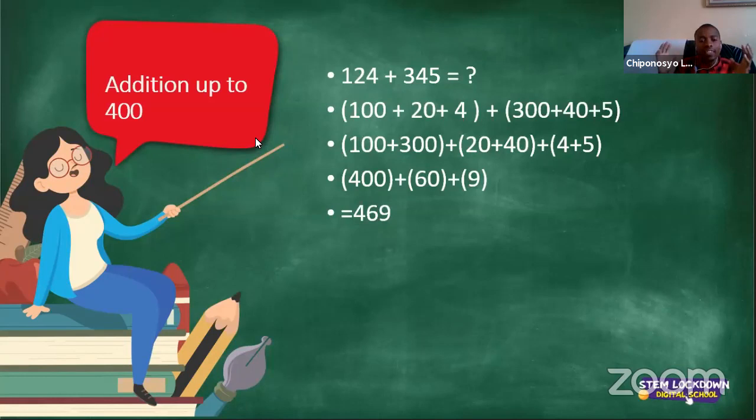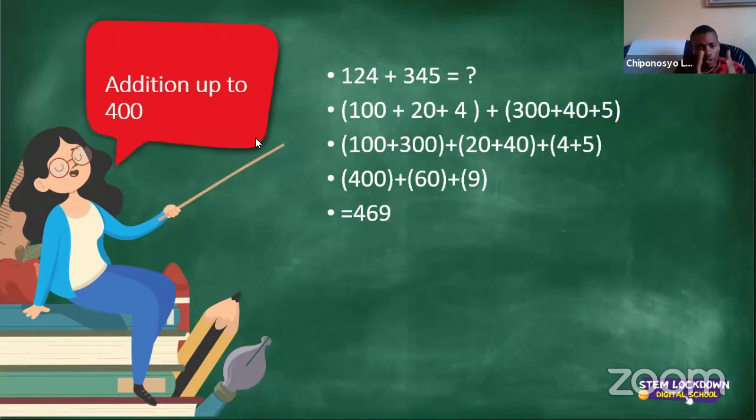Then we add the hundreds together, we add the tens together, we add the units together. So we say it's 100 plus 300. Those are only hundreds. Then we go to the tens, 20 plus 40. Then we go to the units, which is 4 plus 5. Then we add those things together.